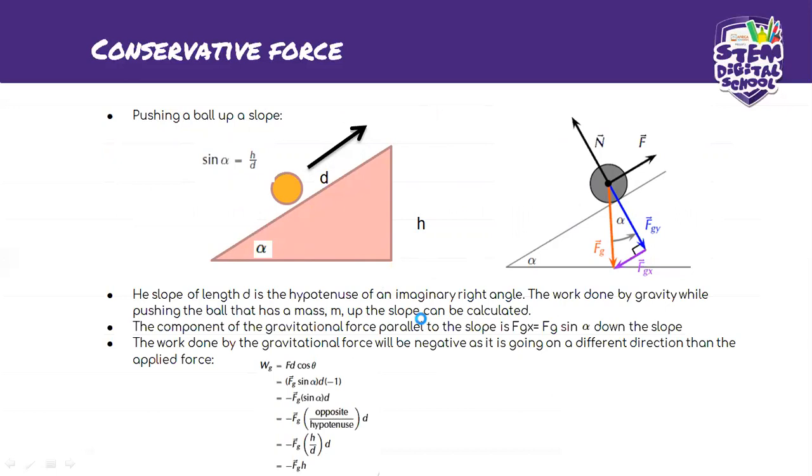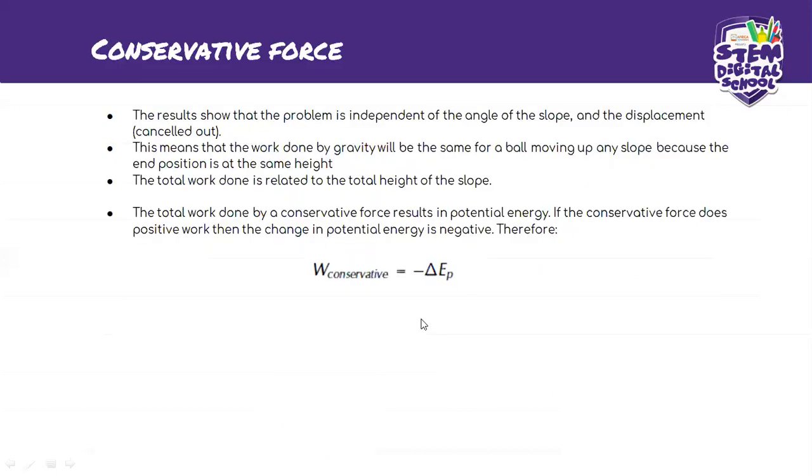So the height is what matters. Okay, so the total work done by a conservative force results in potential energy. If the conservative force does positive work, then the change in potential energy will be negative. So therefore, work conservative is equal to the minus change in potential energy.